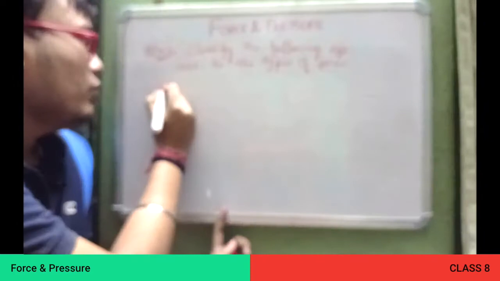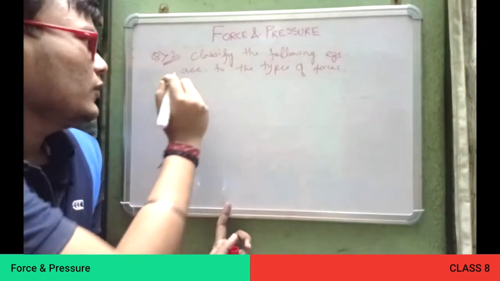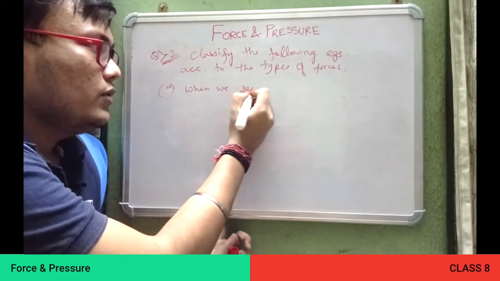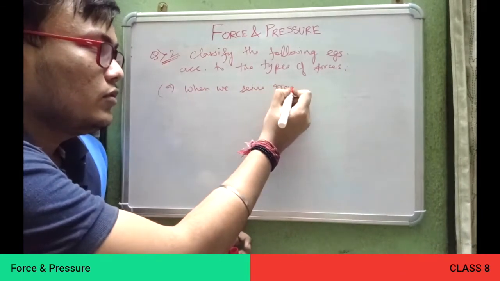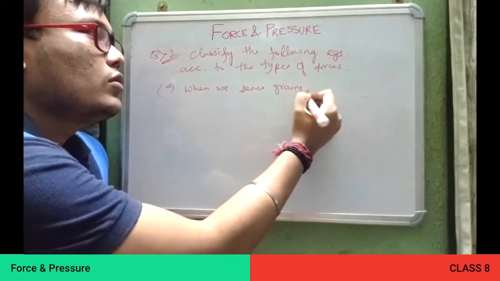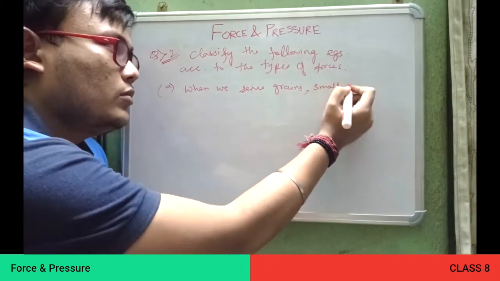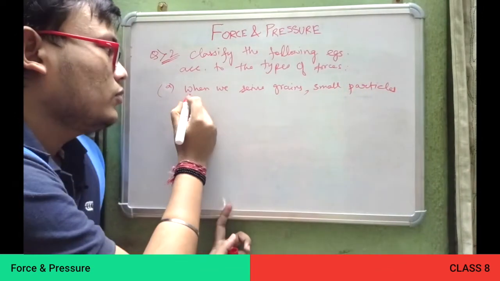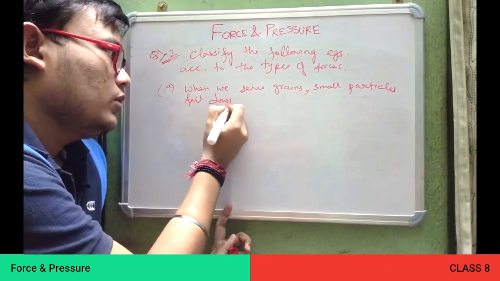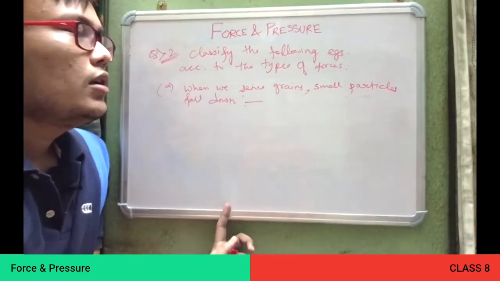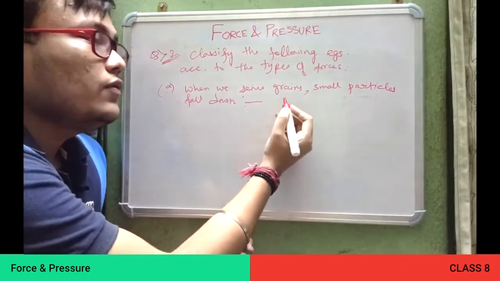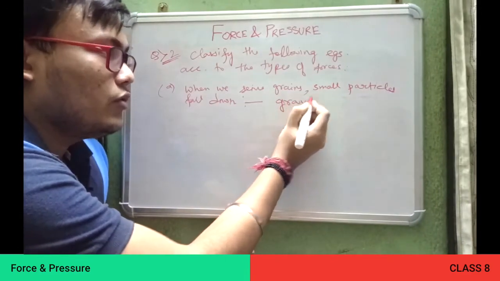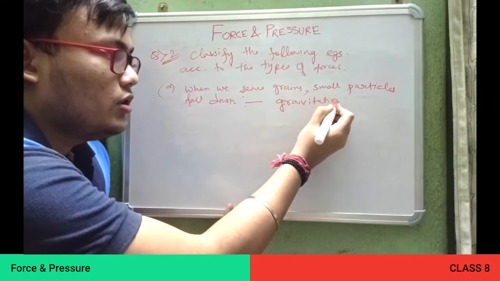Now the example number 1 given is when we sieve grains, small particles fall down. This example is an instance of particles falling down, so it is an instance of gravitational force. Gravitational force is your answer.